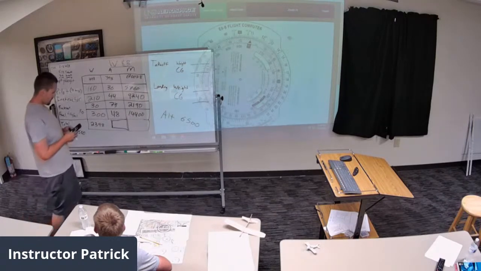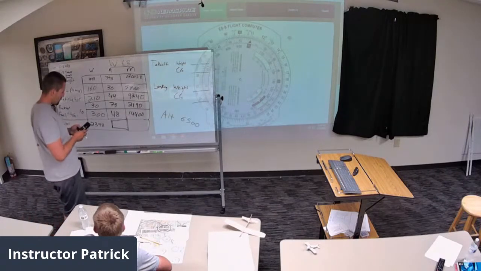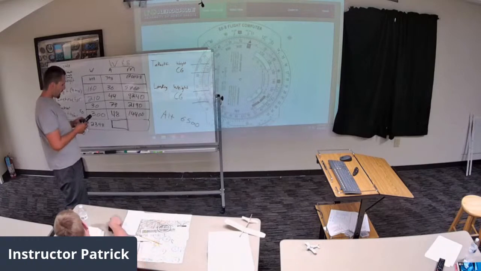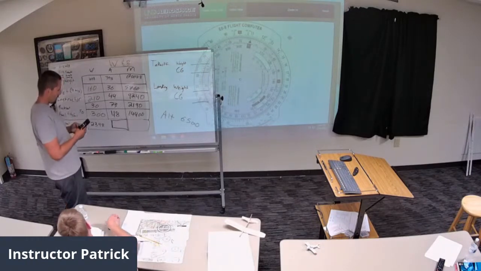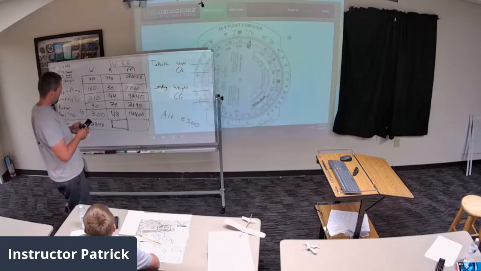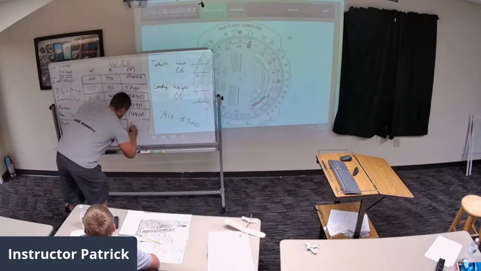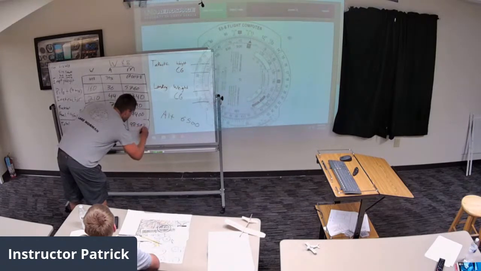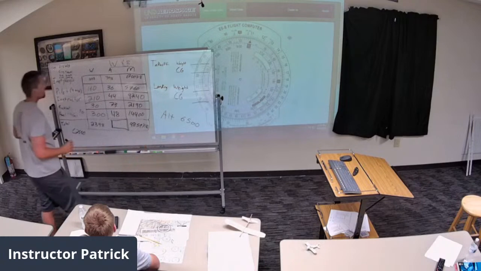Now we have to add up all the moments. So 67,007.8 plus 5760 plus 9240 plus 2190 plus 14400. So I get a total of 98,597.8.